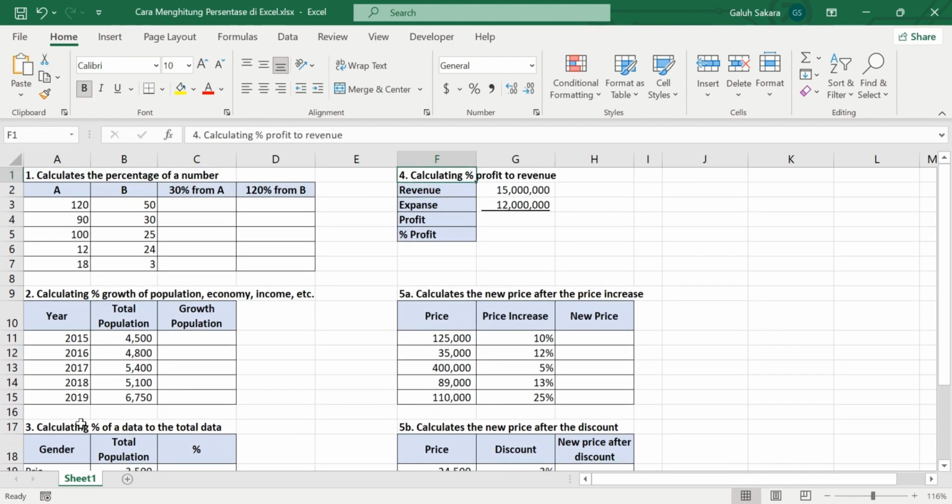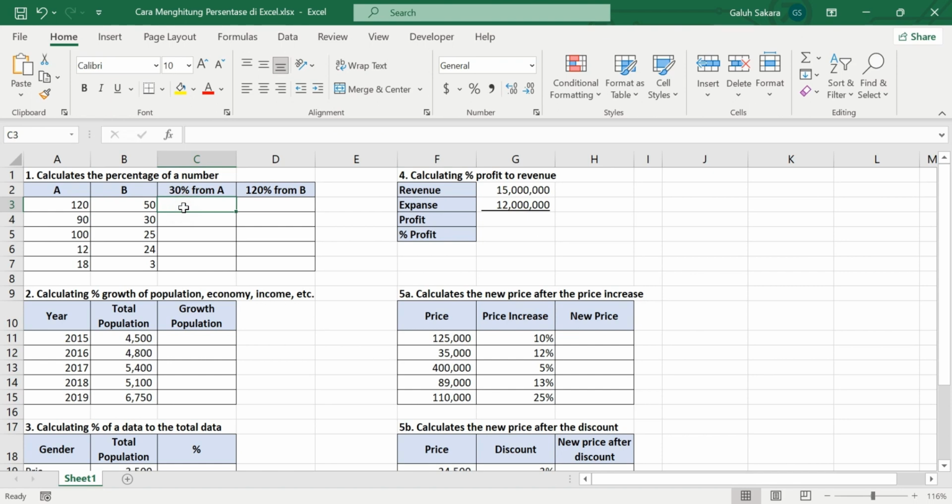For instance, we have total population of males and females, and what percentage the males represent from the data. Number 4, calculating percentage profit to revenue. And number 5, calculating the new price after the price increase, that's 5A. And also 5B, calculating the new price after the discount. Okay, there are 5 data.